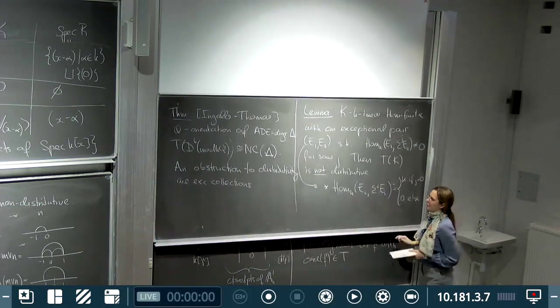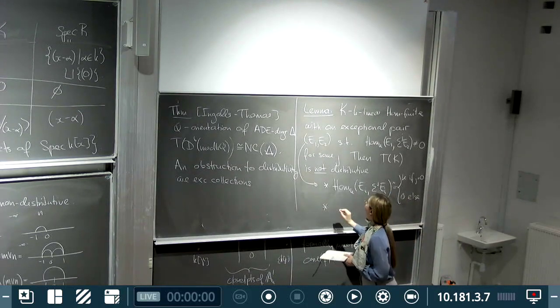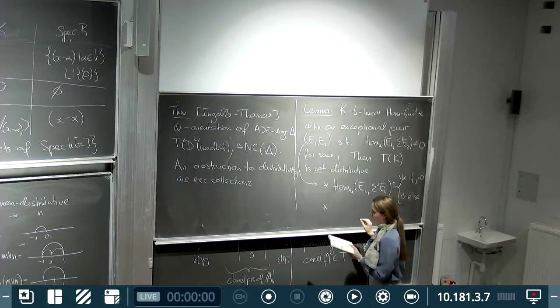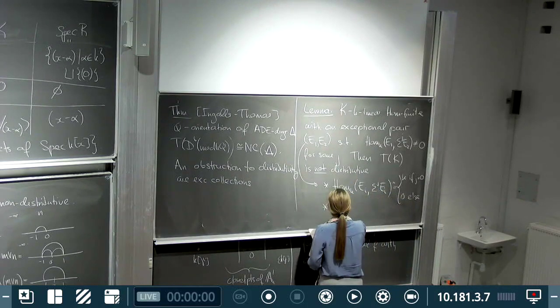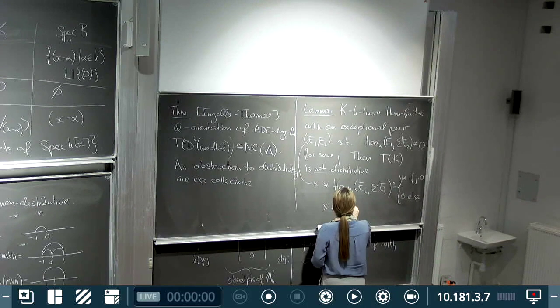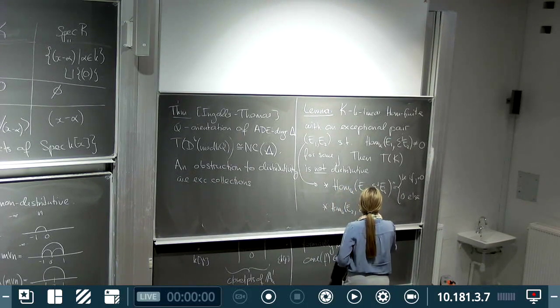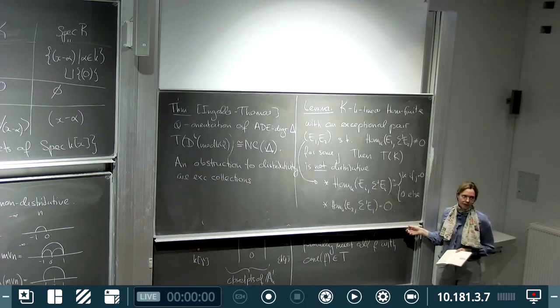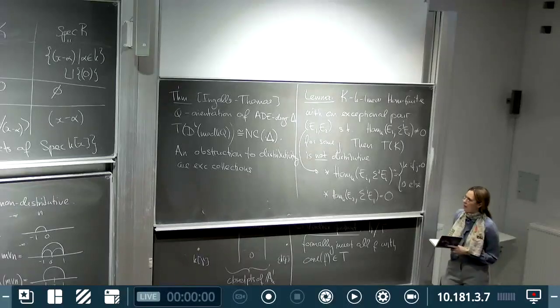And we also don't have any maps at all going backwards. So you have that the maps from E2 to any suspension of E1 are 0.